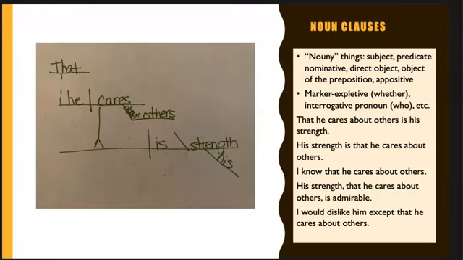So again, we have two subject-verb relationships. He cares is our first one, and our second one is that whole noun clause, that he cares about others is, okay? So when we look at this, you'll see we have our noun clause on a baseline, on a pedestal, serving as the subject of the independent clause.